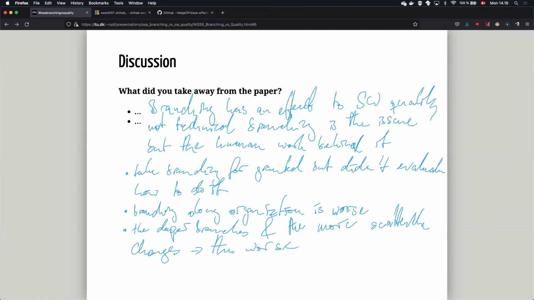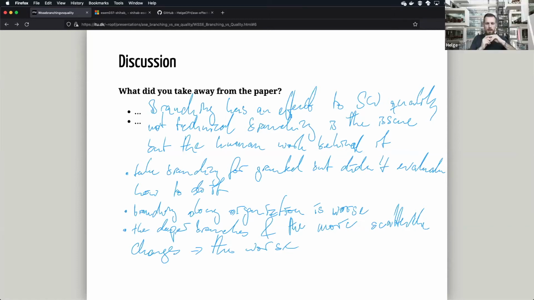The number of fixes, maybe, I don't remember correctly. The number of fixes, and they take that indirectly. They say somewhere in the method section that they use a central artifact of their software engineering process to get post-release failures.